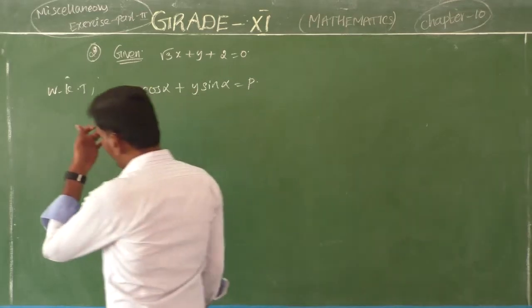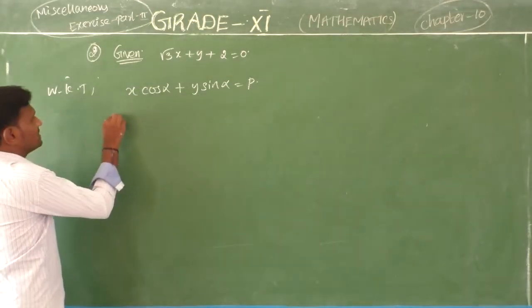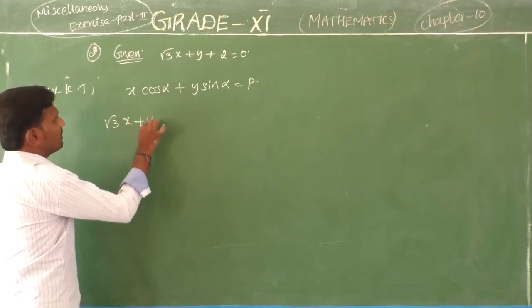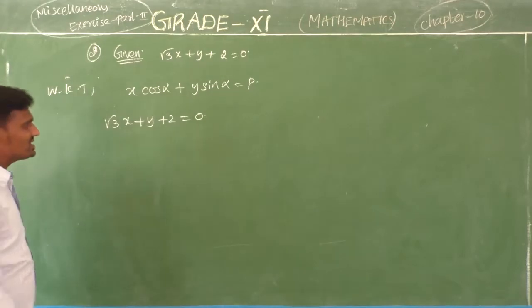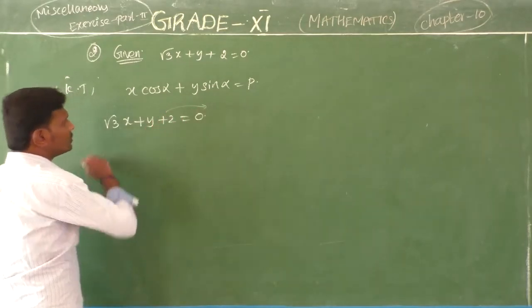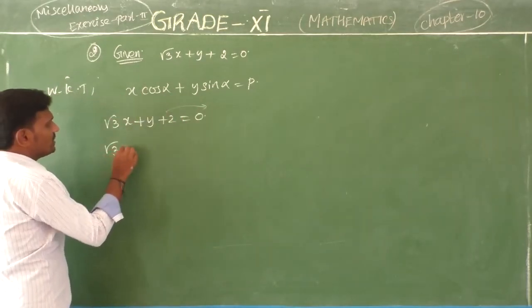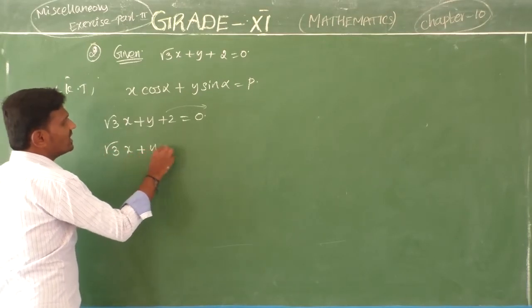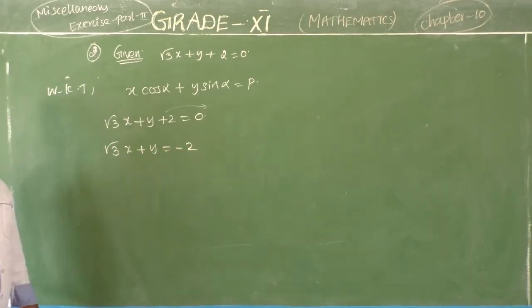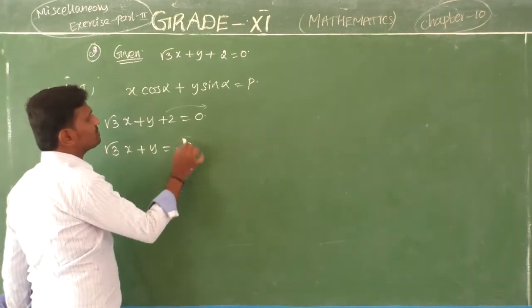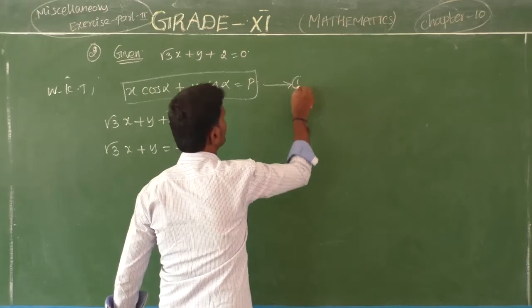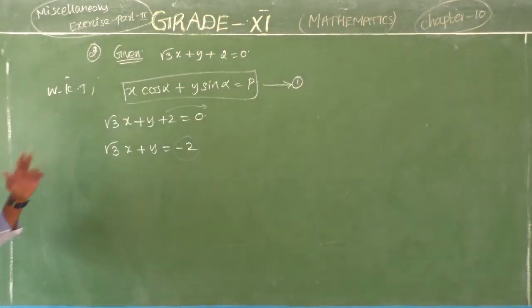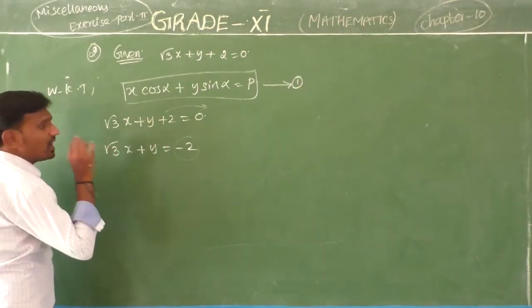Now take the line root 3x plus y plus 2 equal to 0. First I want to move the constant term to the other side: root 3x plus y equals minus 2. But we need a positive p in the normal form equation, so we need a positive number.